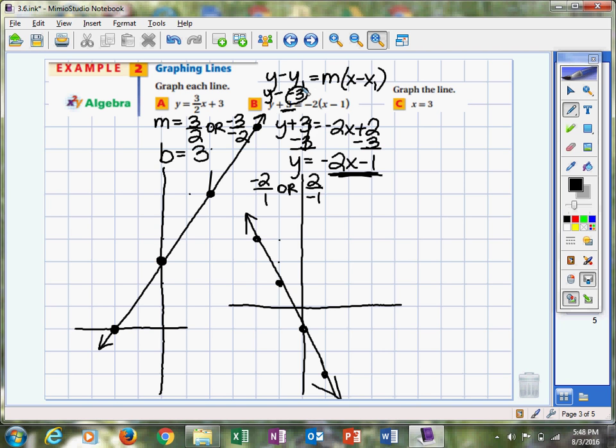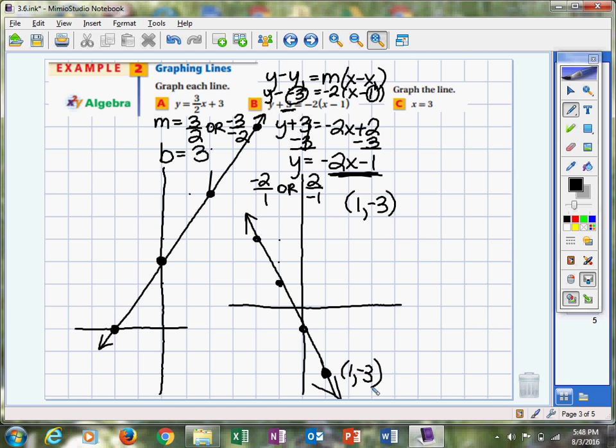Your slope is still negative 2. That doesn't change. And then x minus 1, 1 is your x1. Positive 1 is. So the point that you would graph is 1, negative 3. So if we find 1, negative 3, 1, 2, there it is. There's 1, negative 3. That's from the original point-slope form equation.